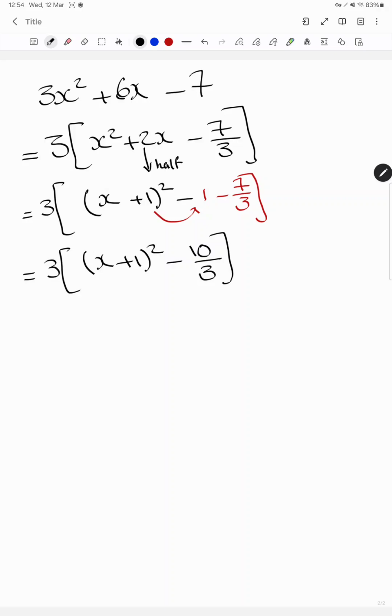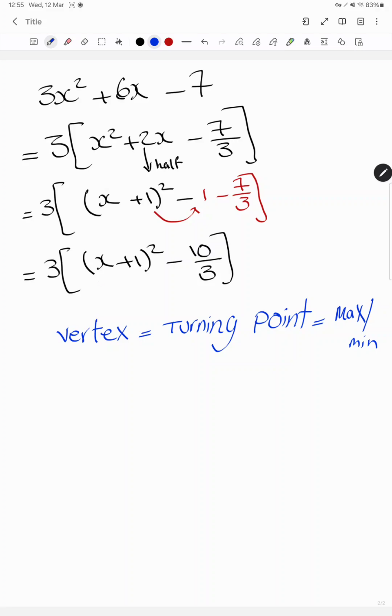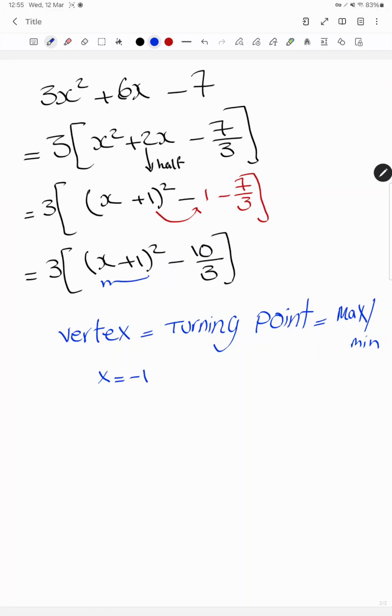Now for people who are interested, I can find a vertex from here. Vertex or turning point, or maximum or minimum, same thing. This bracket would be 0 if x was equal to minus 1.